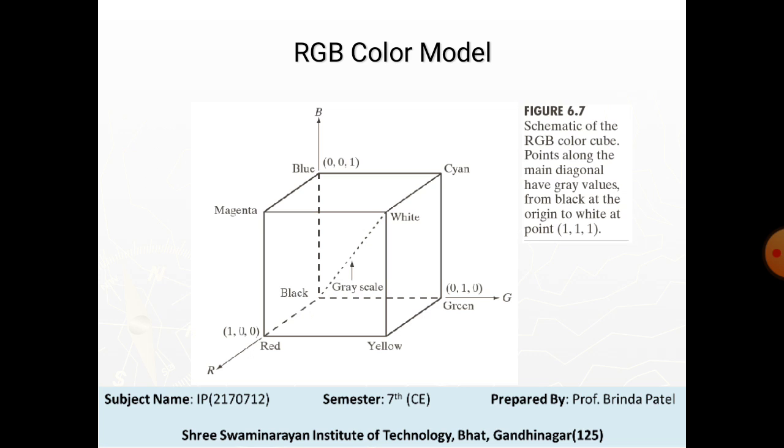The secondary colors cyan, magenta and yellow are at three other corners, and black is at the origin. White is at the corner farthest from the origin. In this model, the grayscale extends from black to white along the line joining these two points.